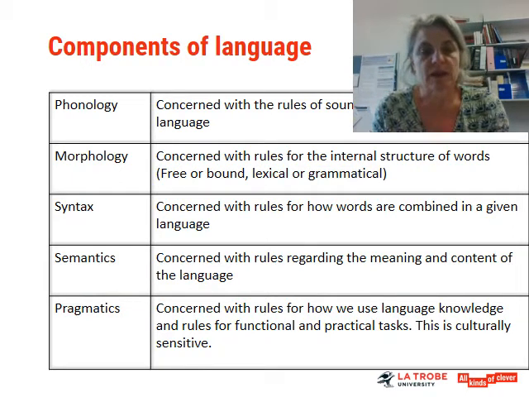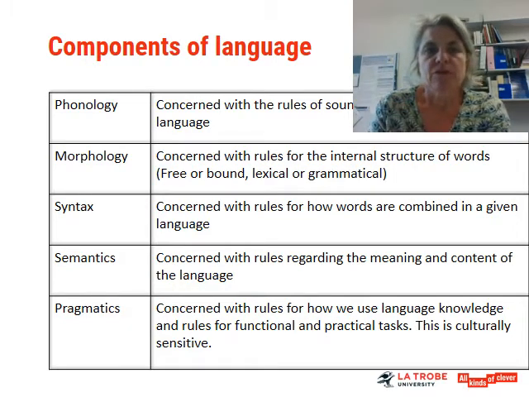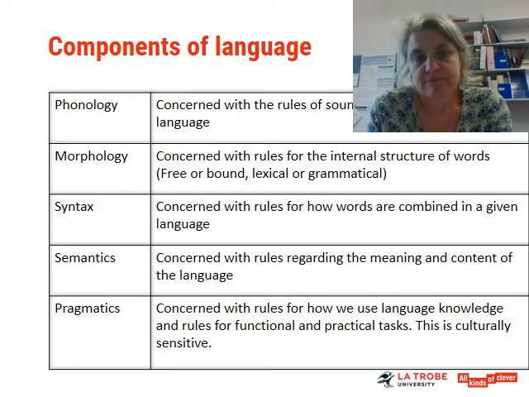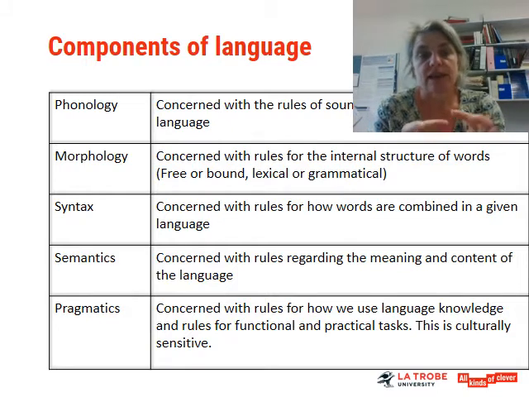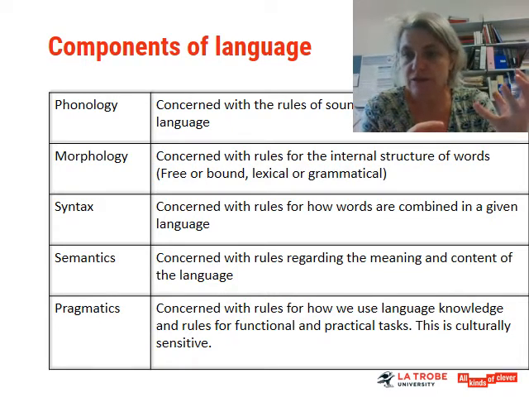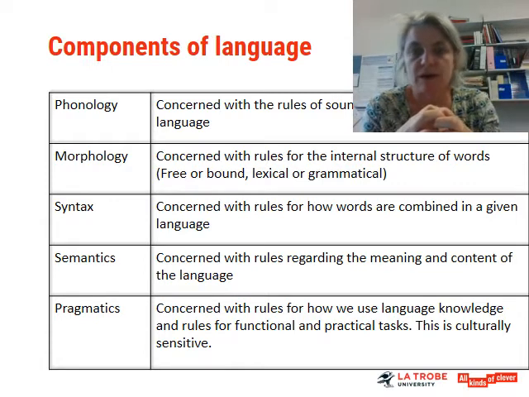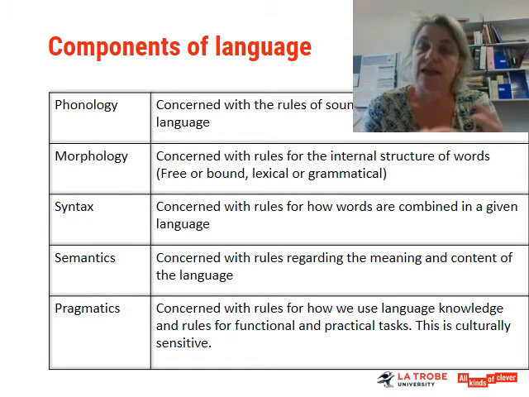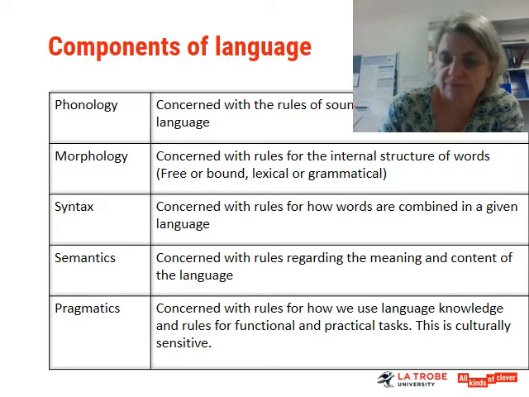So that's about knowing the rules of how to communicate formally or informally. So all spoken languages have those 5 rules around the sound system, how words are combined, how words are ordered, the meaning of words, and how to use words.